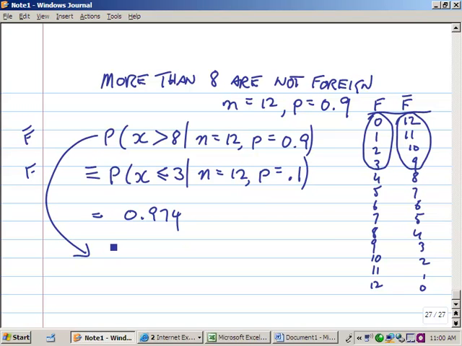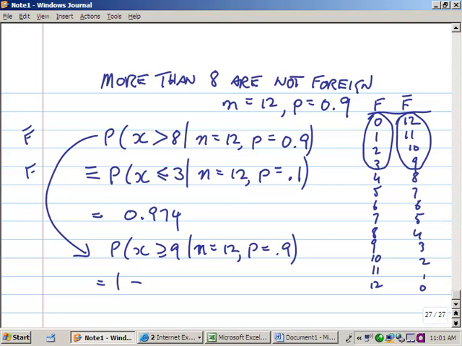You could have done it the other way, and greater than or equal to 9 would have been equal to the probability that x greater than or equal to 9 out of n of 12, p of 0.9, to make sure you understand, without going through writing it all out.